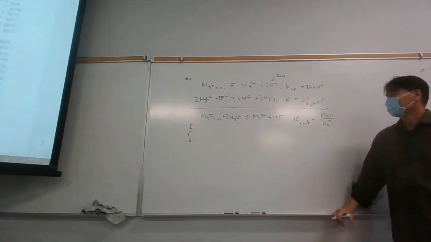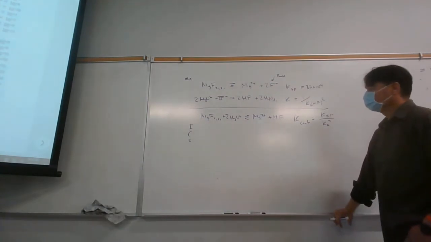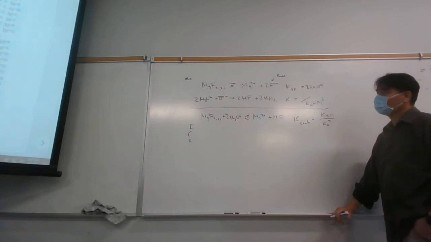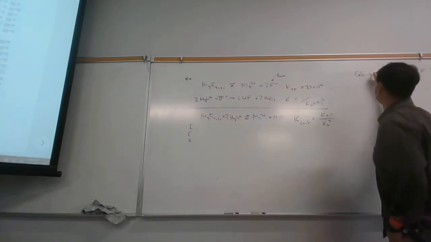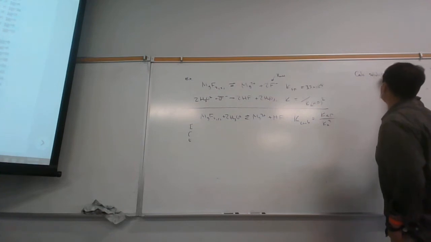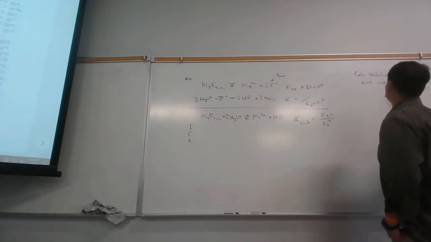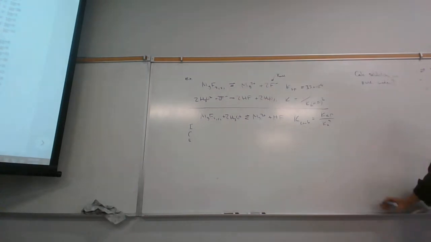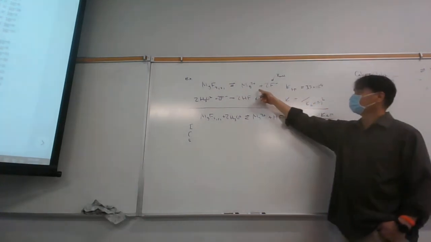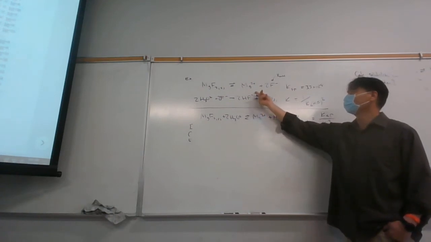So a question for this might be, what is the solubility in pure water? So calculate the solubility in pure water. So based on how this splits, we can set up the ice table.